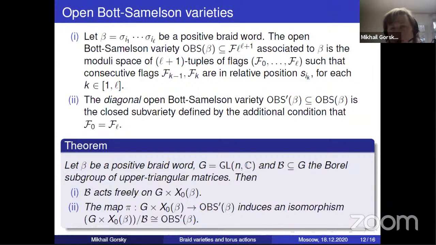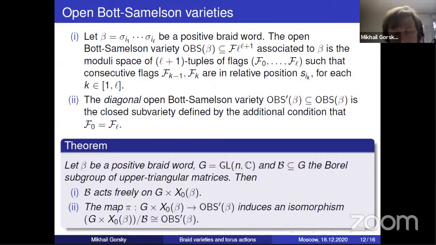So we consider full flags, obviously, and we have a different subspace in dimension i_k. And the diagonal open Bott-Samelson variety is a closed subvariety defined by the condition that we go back. So we change one subspace at a time, and we go back to where we start.